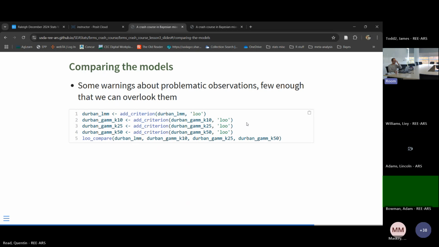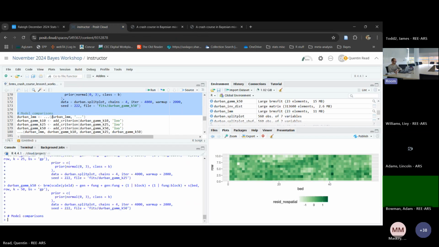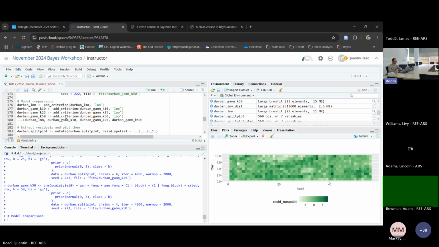You may get warnings about problematic observations, but it's only for a very small number of data points, so I don't think that's an issue in this case. We're going to use the add_criterion function, and the criterion we're going to add is LOO, the leave-one-out criterion, to each of the four models.